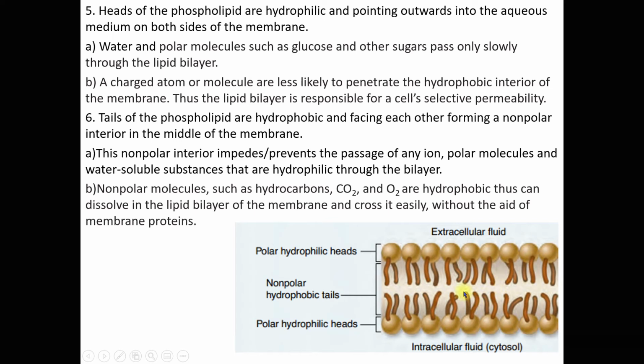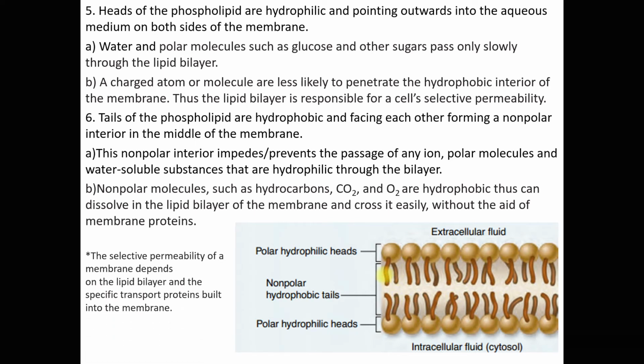Right? So, any non-polar molecules ataupun gases, boleh hydrocarbon gases, alright, simply can diffuse, to pass through phospholipid bilayer ini. Sebab itu ialah non-polar molecules, dan hydrophobic tails ni ialah non-polar.